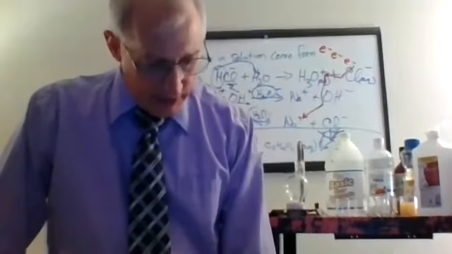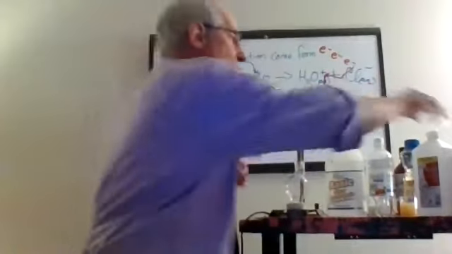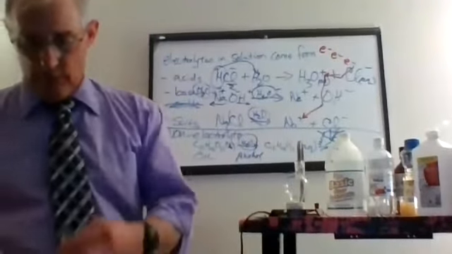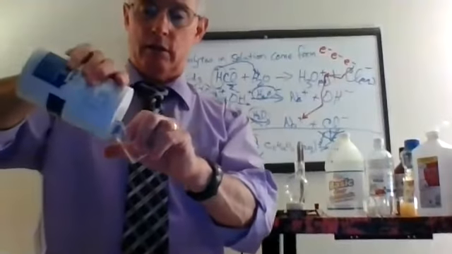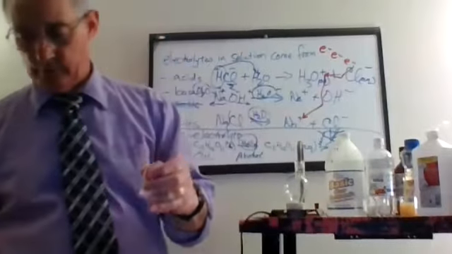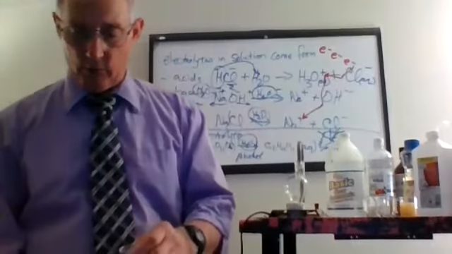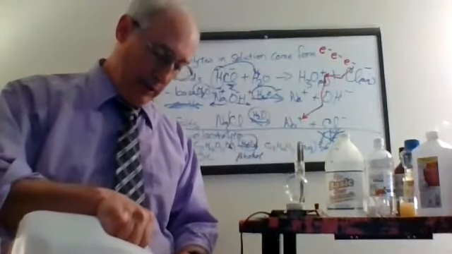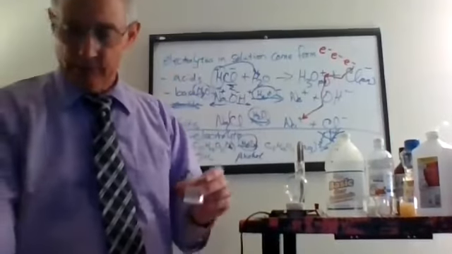A system that is saturated, how do I know that it's saturated? Well, let's just take a look here. Let's put some sugar in this beaker, and let's go ahead and add some water. Let's agitate the solution by stirring it up.